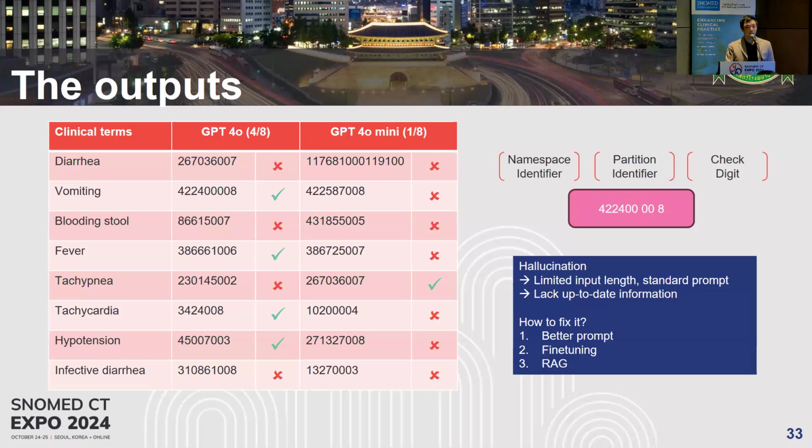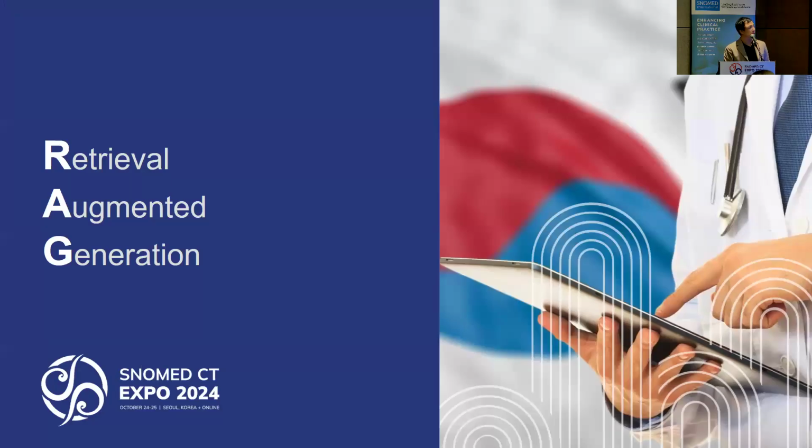First, maybe we can develop a better prompt. Second, we fine-tune the models. Third, we can do RAG. We tried the third one first, because we think it is going to solve this problem. So what is RAG? It's Retrieval Augmented Generation.